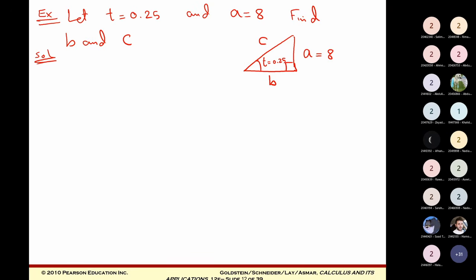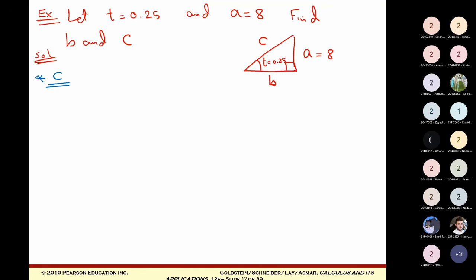Okay, now how can we find the value of B and C? If we need to find the value of, for example, C, we use the sine or cosine or tan.